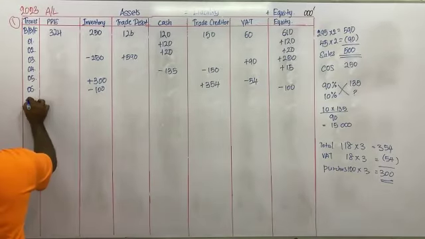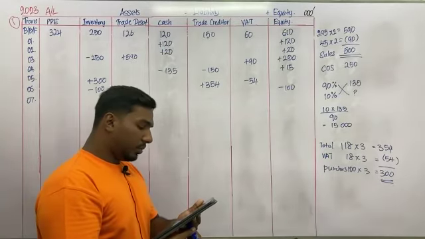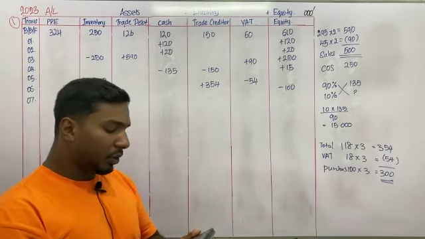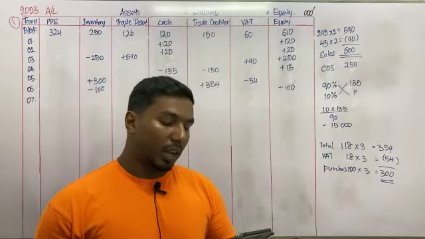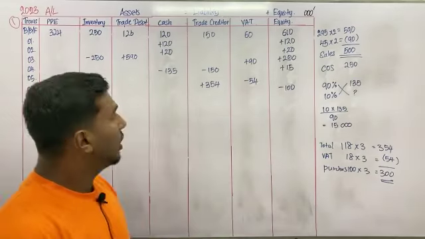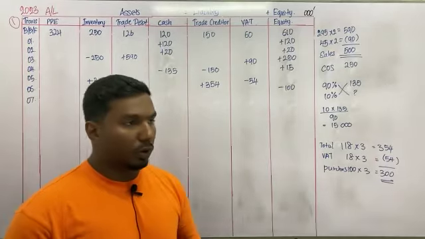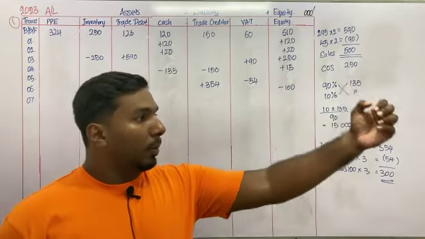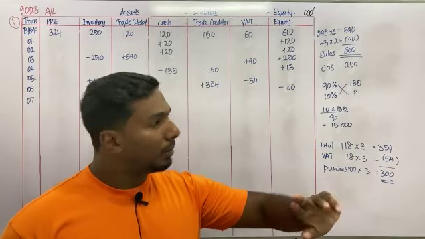Transaction number 7. A computer costing 100,000 available in the inventory was provided for office use. So this is not a drawings. We purchased that computer in order to do the sales, but the purpose has changed now.